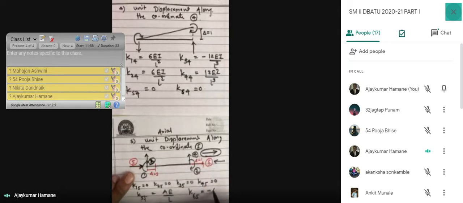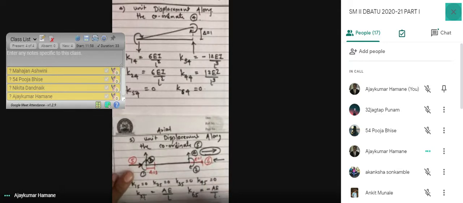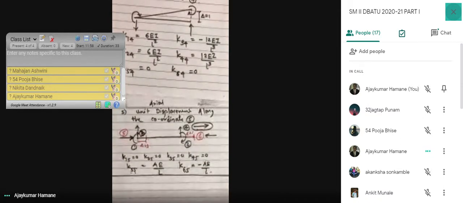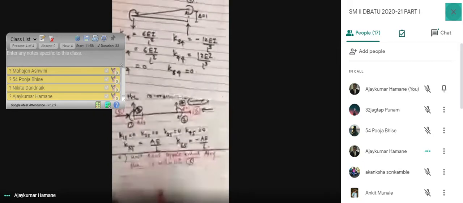Okay, so that's minus AE by L. And the last one, 6: applying unit axial displacement along the coordinate 6.